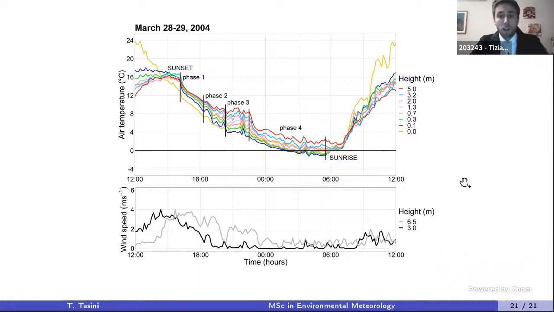this slide because it contains the wind speed measured at 3 meters and 6.5 meters, and as you can see at 3 meters above ground level, the black line, the wind is zero, is very weak, while the Ora del Garda is measured only at the top levels.